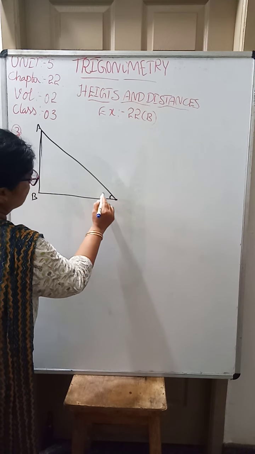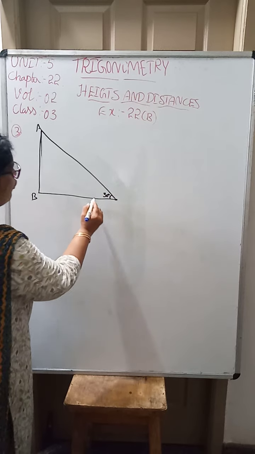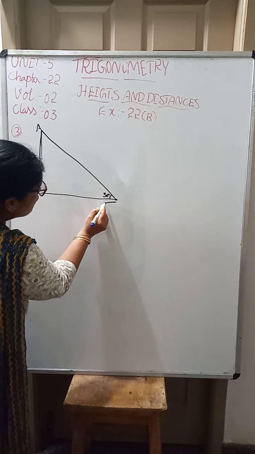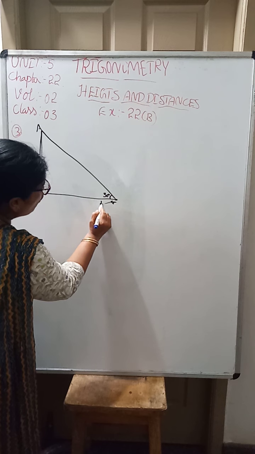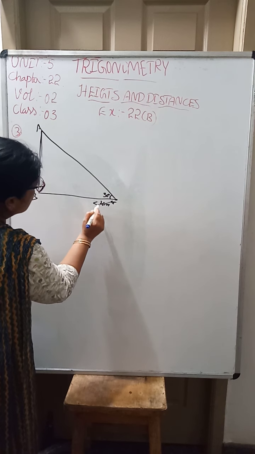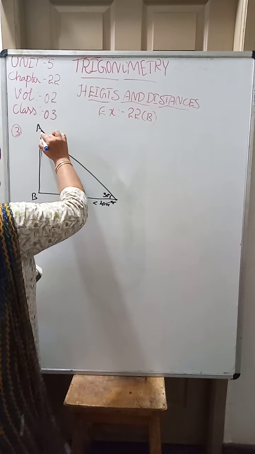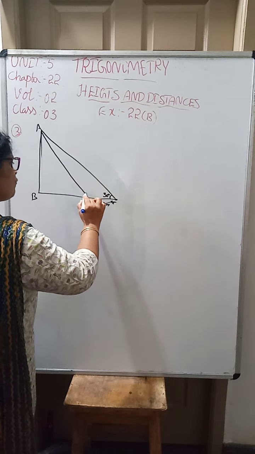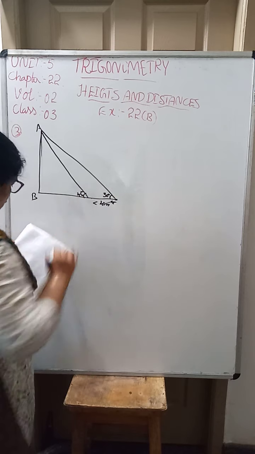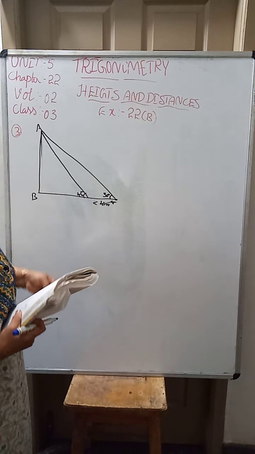When he comes from here to here, 40 meter, and he observes the top of the building, then it will be 45 degree. This is the required figure.